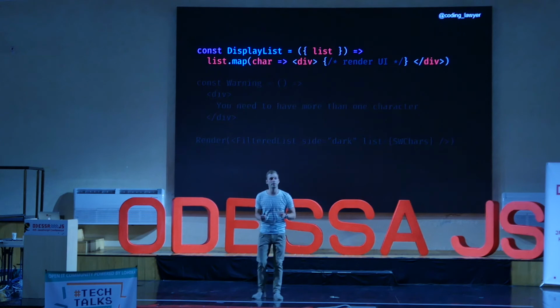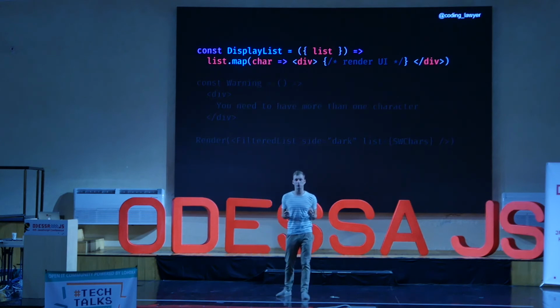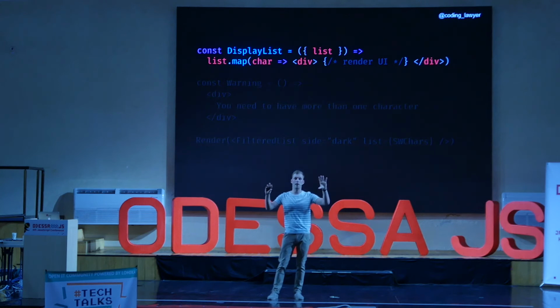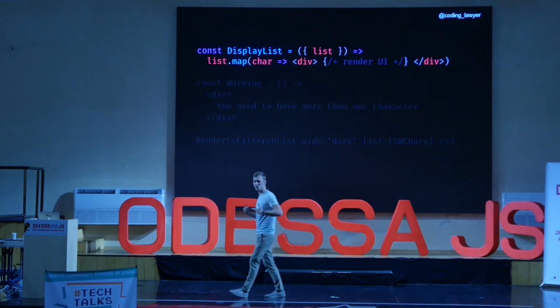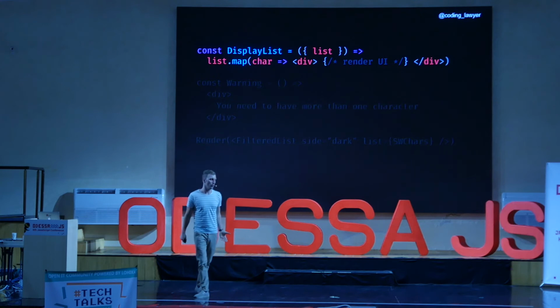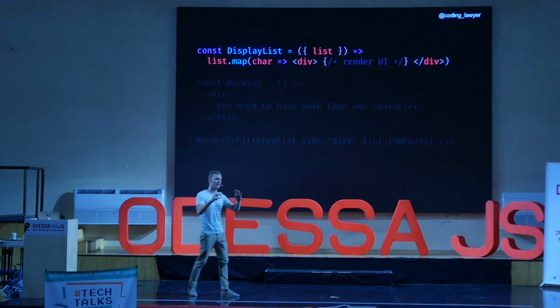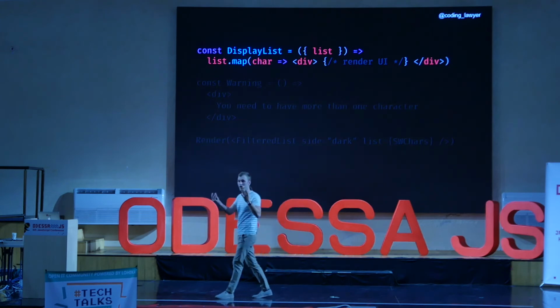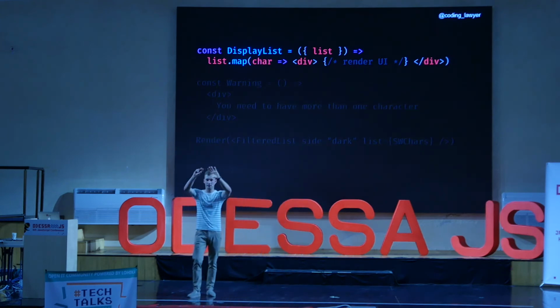So again, what we did here is that we enhanced our presentational component display list by two higher order components, with transform props and with condition. The more general idea is that we don't store the logic inside a single component. We abstract it to a higher order component and separate it.